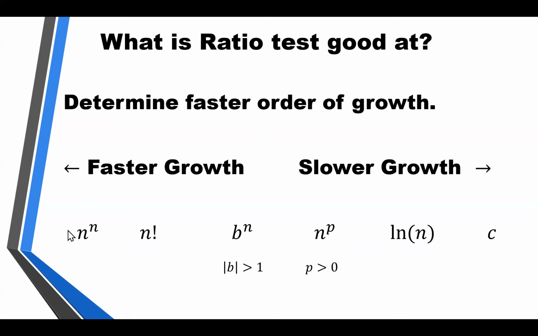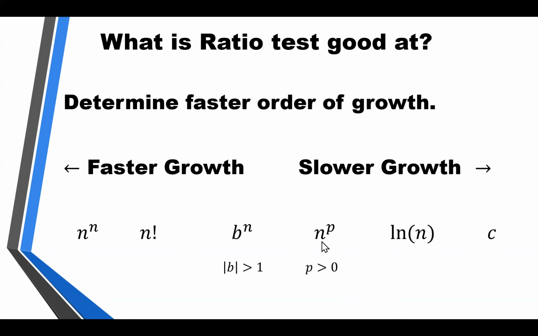N to the n turns out to grow even faster than n factorial. N factorial is faster growth than an exponential function whose base is bigger than 1. An exponential function is a faster order of growth than n to a power, where the power is bigger than 0. We don't want to have negatives.